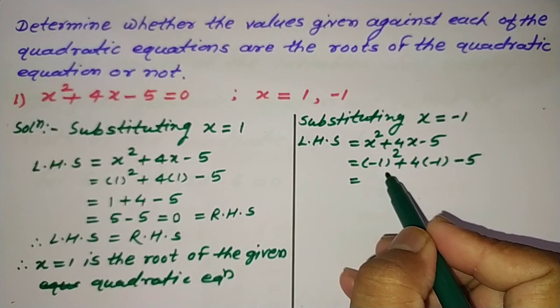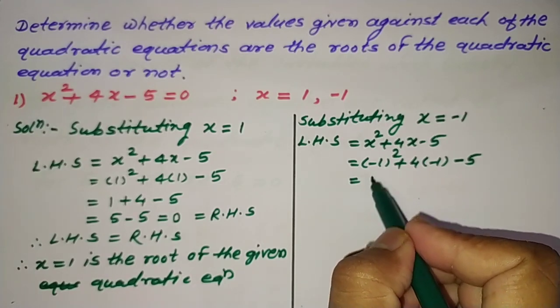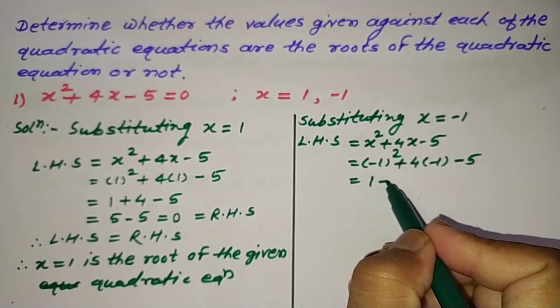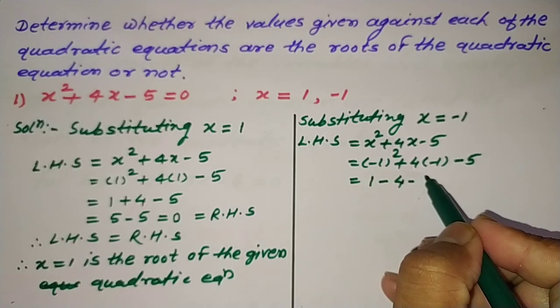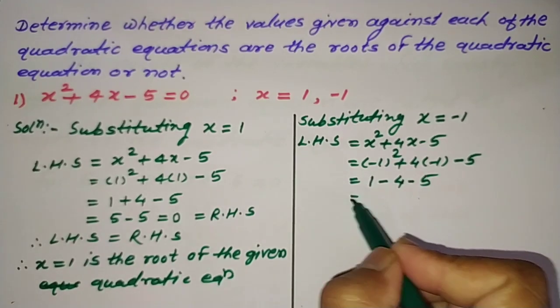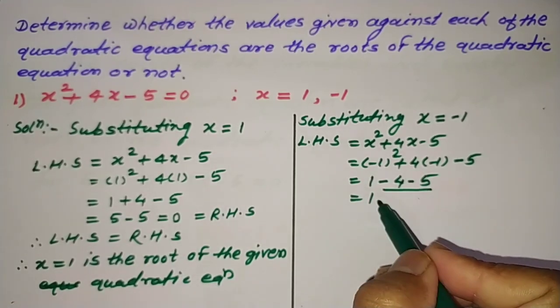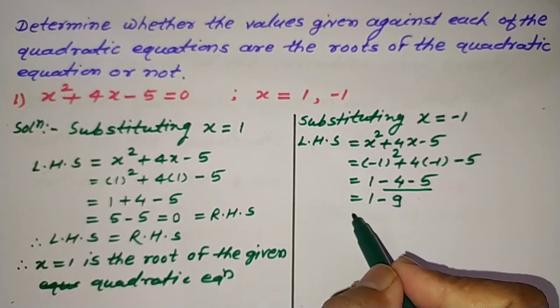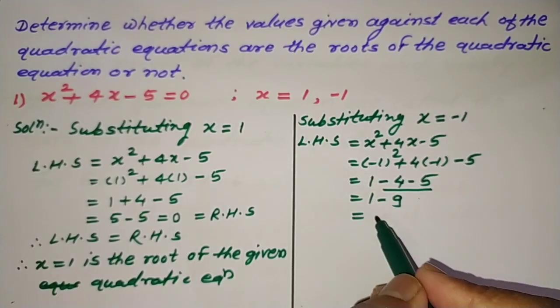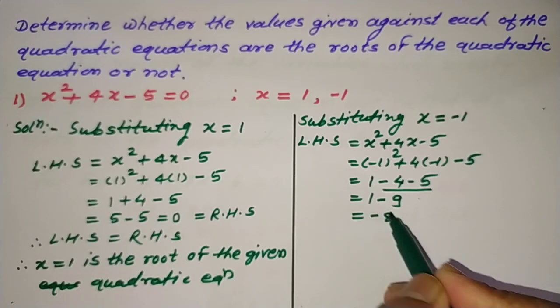Minus 1 square is equal to 1. 4 into minus 1 is minus 4, minus 5. 1 minus 4 minus 5 is equal to minus 8.